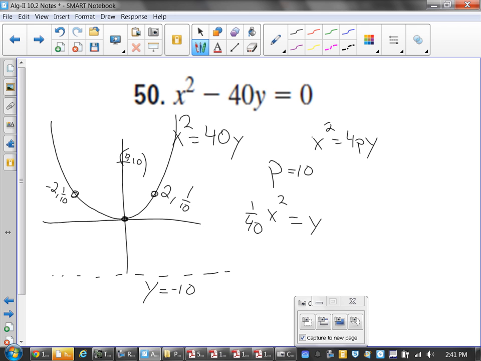I'm just picking numbers that are easy to work with. By doing that, it's a simple mental math exercise to solve for your symmetric twins. Otherwise, you're going to wind up with really large numbers. 20 and 10. Yeah, because 20 squared is 400. That's right.